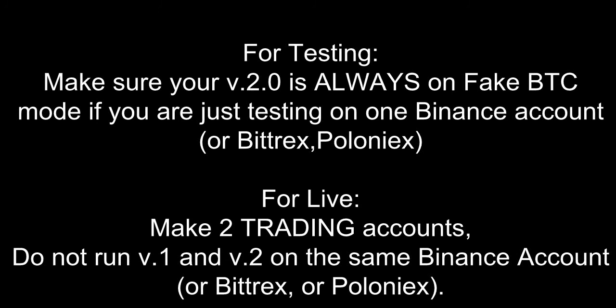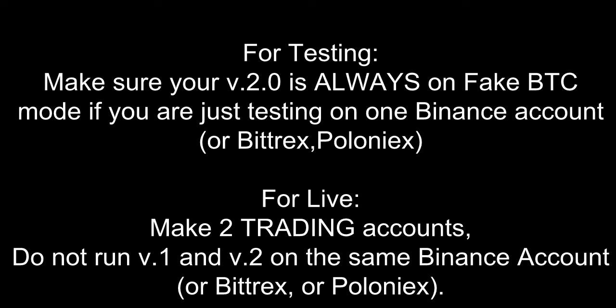So in summary, just remember, for testing, make sure your version 2 is always on fake Bitcoin mode if you're just testing on the same Binance account, or if you have Bittrex or Poloniex, if you're testing on the same account.